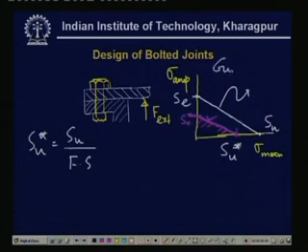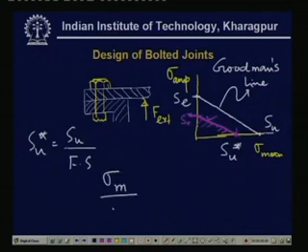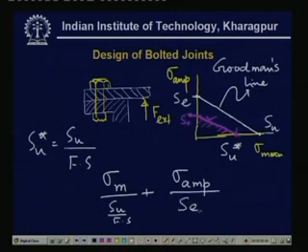So for Goodman's line, the equation is sigma mean divided by Su star, which is Su divided by Fs, plus sigma amplitude divided by Se star, and here again, just like before, we will have to multiply by the stress concentration factor for fatigue stress.